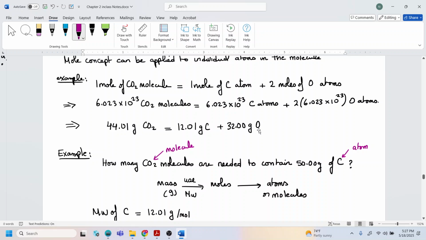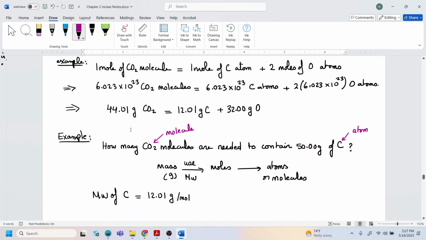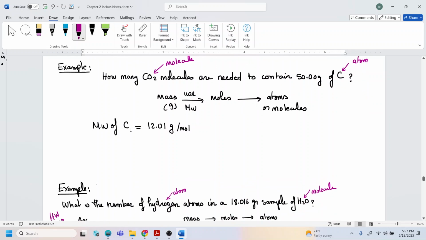And of course, if you have more than 1 atom, you just multiply by how much you have. Oxygen here is 2, so it's 2 times 16, which is why it is 32. You can also find this relationship in the cheat sheet. I wrote that for you.